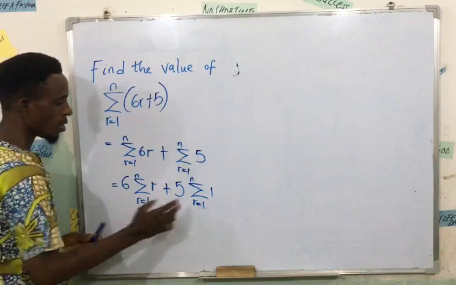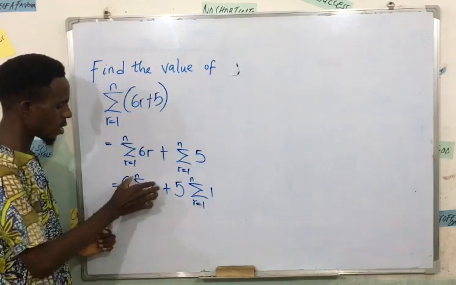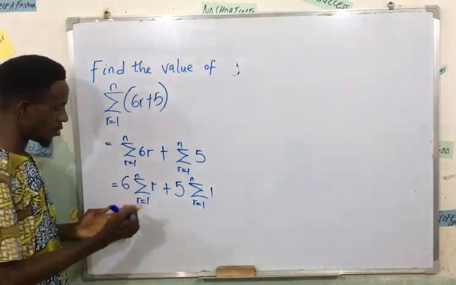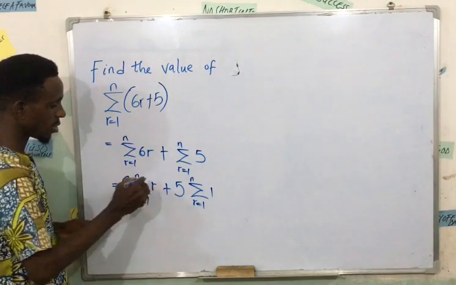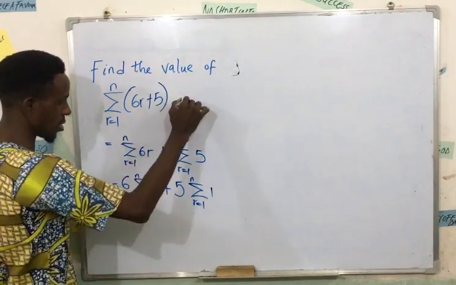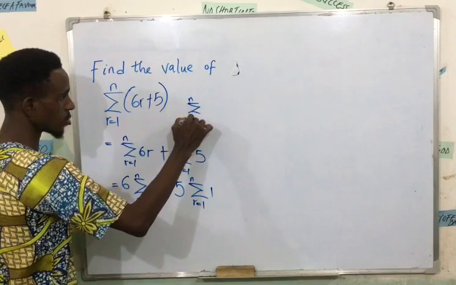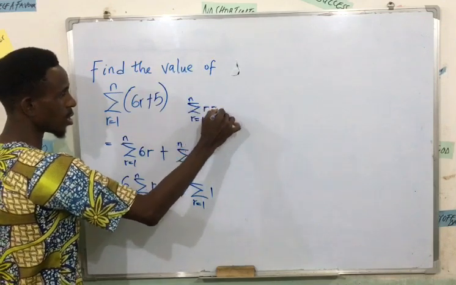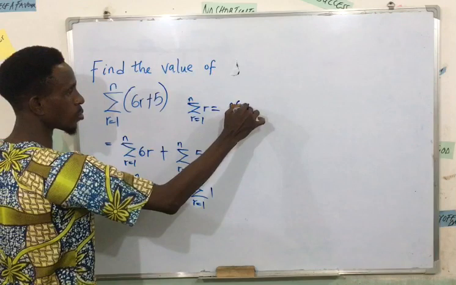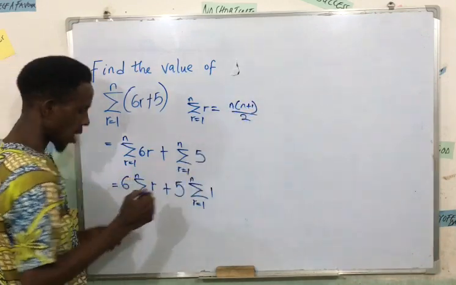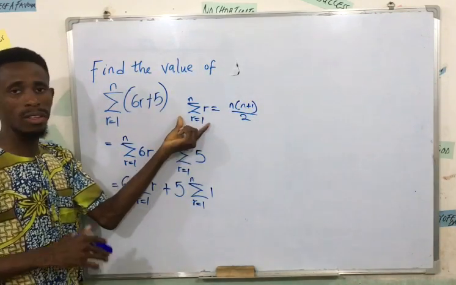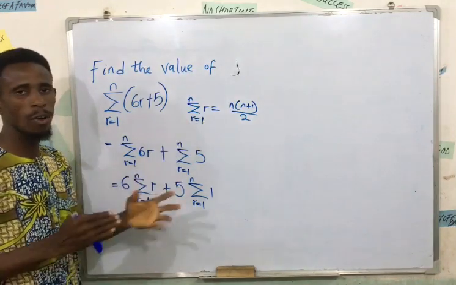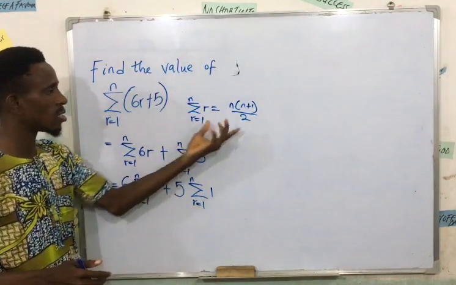So you see, in this case, there was one of my videos I did. You can check it. This summation alone is equal to n into n plus 1 over 2. I said the sum of the natural numbers, or the sum of some specific natural numbers, is equal to this.